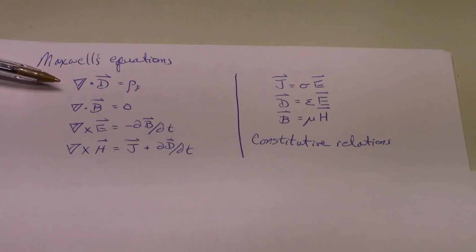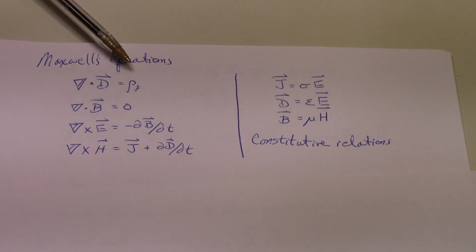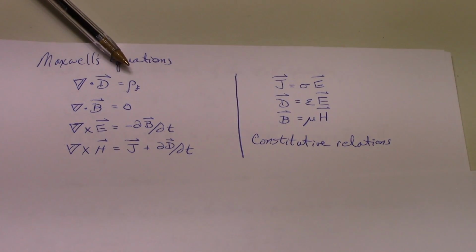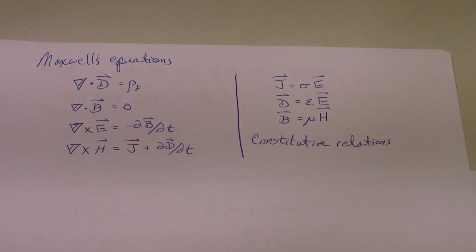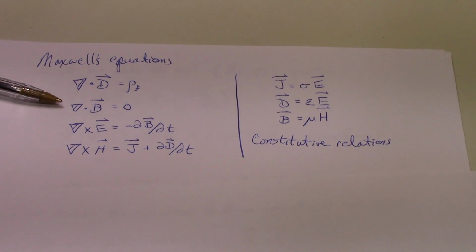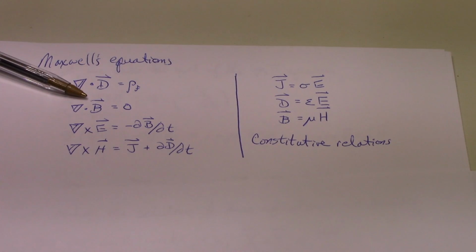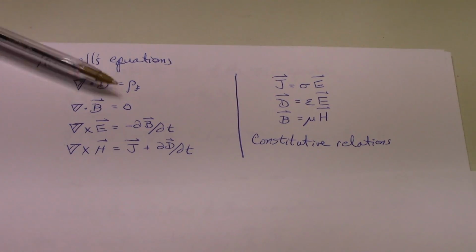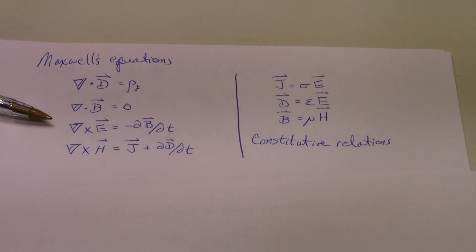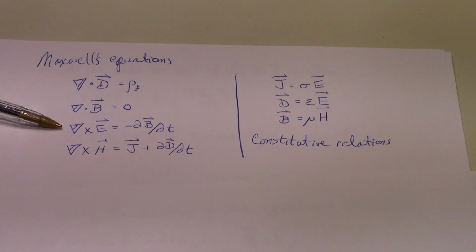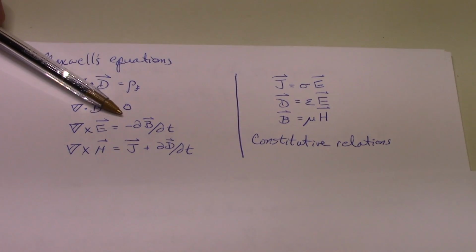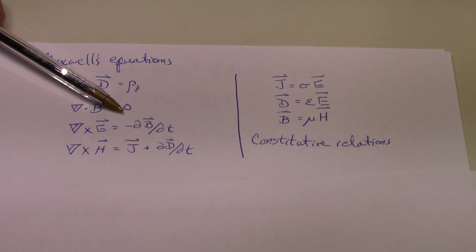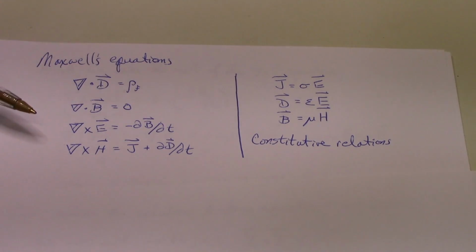The divergence of D, which is known as the displacement field, is equal to rho, the free charge in the material. The divergence of the B field, which is the magnetic induction field, is equal to 0. The curl of the electric field, E, is equal to the negative partial derivative with respect to time of the induction field.